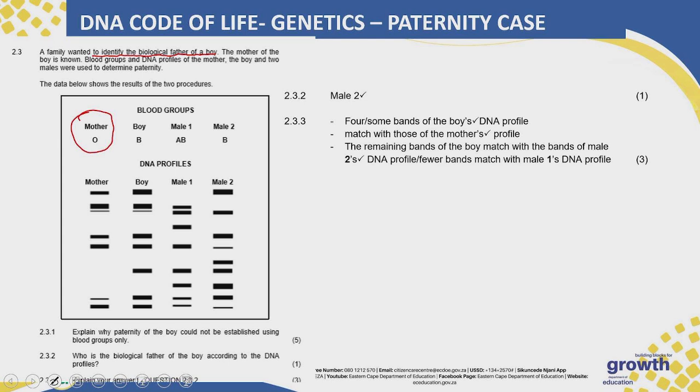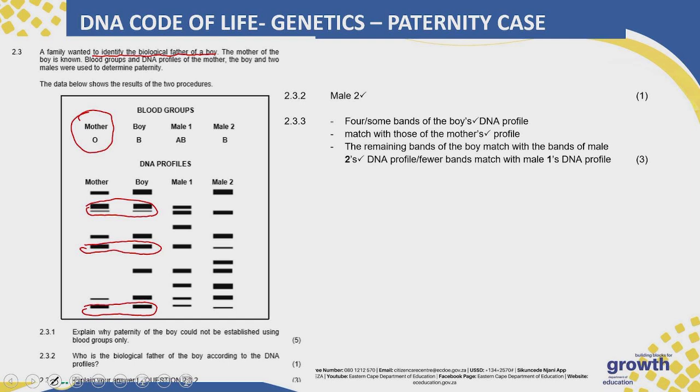So we can see at this part here, the boy is matching with the mother. And we can also see here that they are matching. And we can also see that they are also matching there. So I think those are the only ones where the boy is matching with the mother.